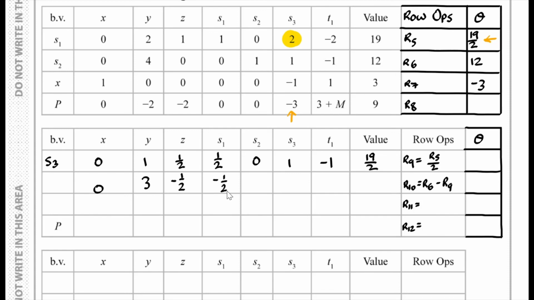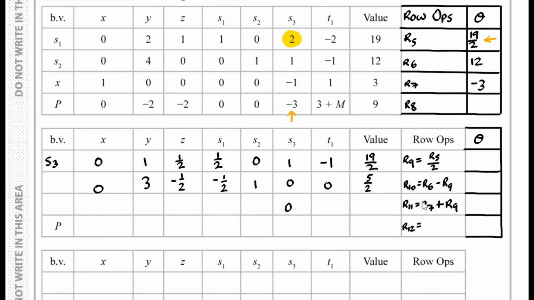So we have minus a half here, 1, 0, 0, and here we have 5 over 2. With row 11 in relation to row 7, we would have to add row 7 to row 9, because again we want a 0 here. So we have row 7 plus row 9.